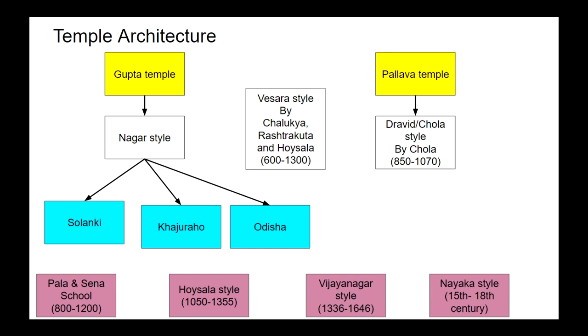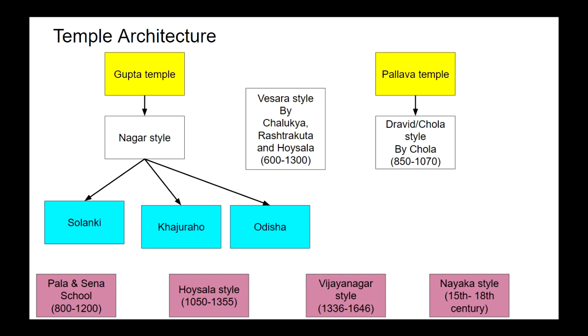One is the Solanki school or Solanki style temple architecture in the Gujarat region, then Khajuraho style temple architecture in the MP region, and then Odisha temple architecture in the Odisha region. And Vesara style temple architecture was developed in the Deccan region, mainly in Karnataka. Then Dravidian or Chola style temple architecture was evolved or developed from Pallava style temple architecture.